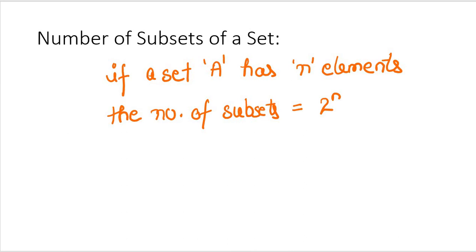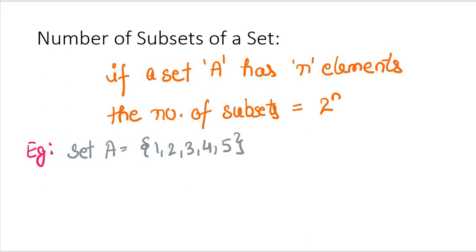Right, so for example, let's say I have a set A, which is equal to 1, 2, 3, 4, 5. So here what I see is that the number of elements, which is n, is 5.